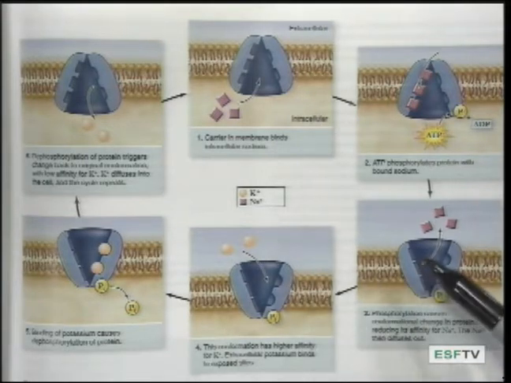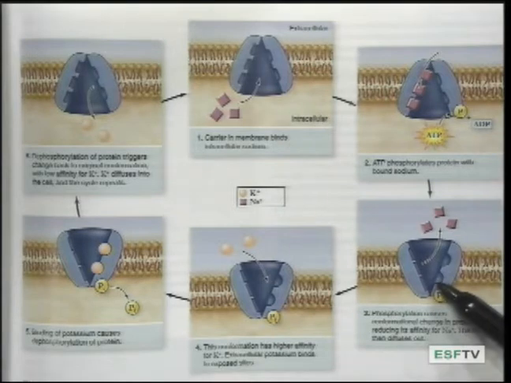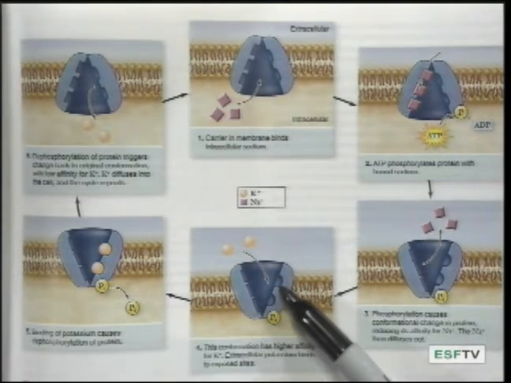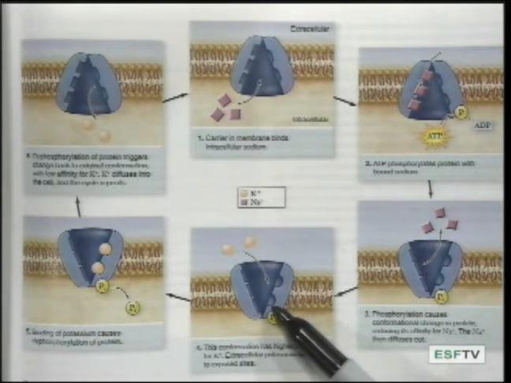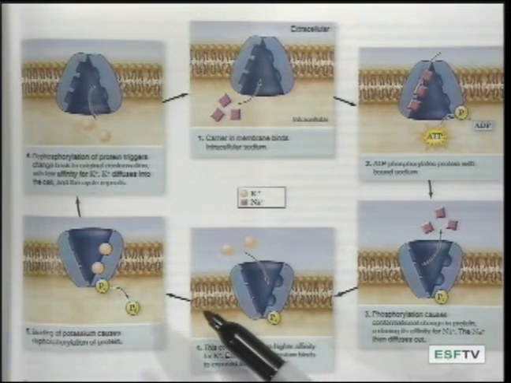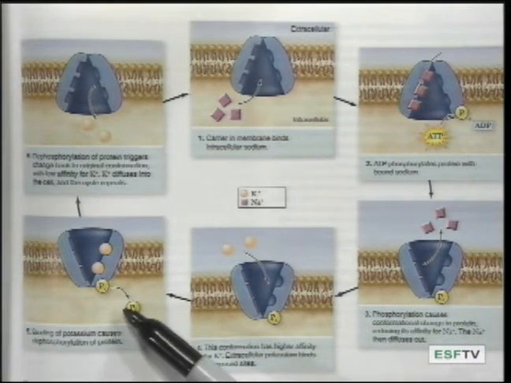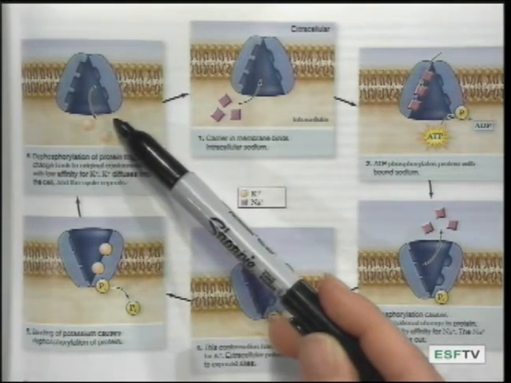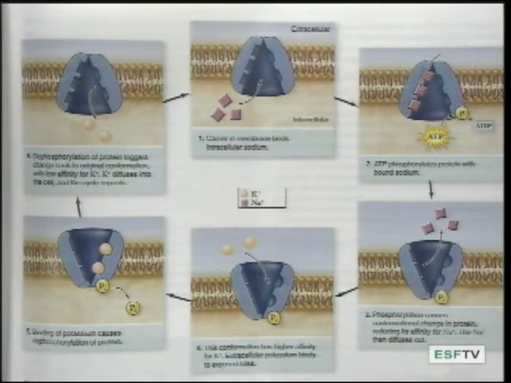Once this protein is open like this, it becomes attractive to potassium ions. And potassium ions come in and bind to sites within the receptor protein. At that point, the protein dephosphorylates and changes conformation once again to bring those potassium ions into the inside of the cell.